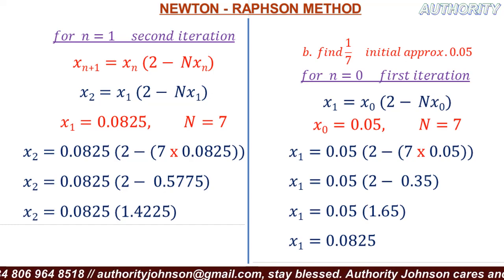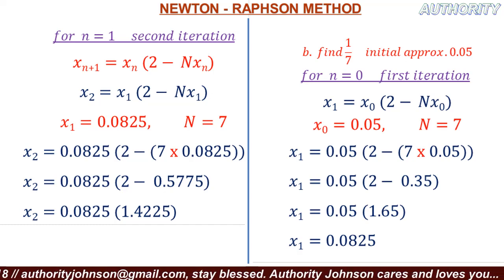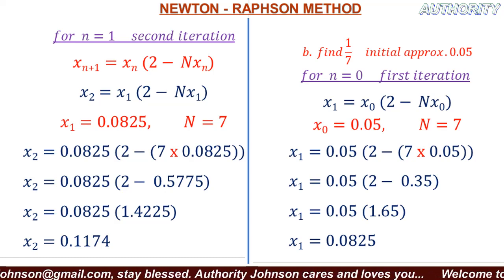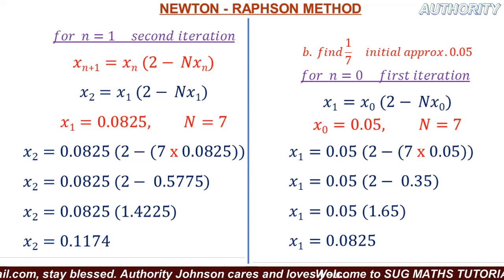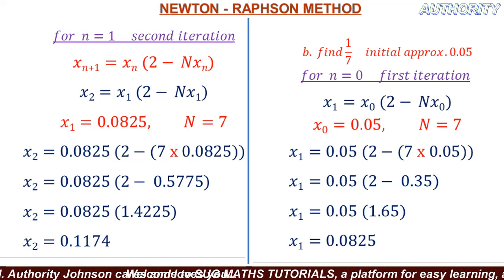This 1.4225 multiplied by 0.0825 gives x2 is equal to 0.1174. So this is the second iteration.